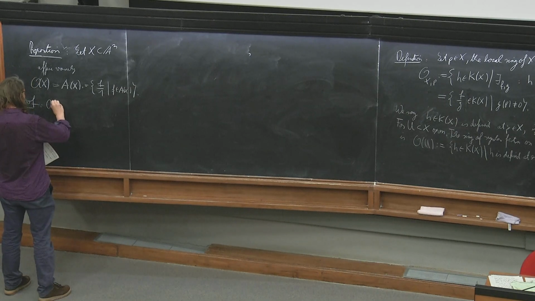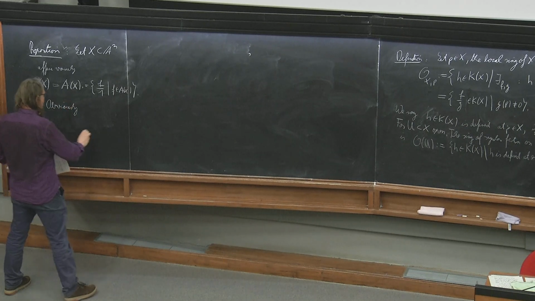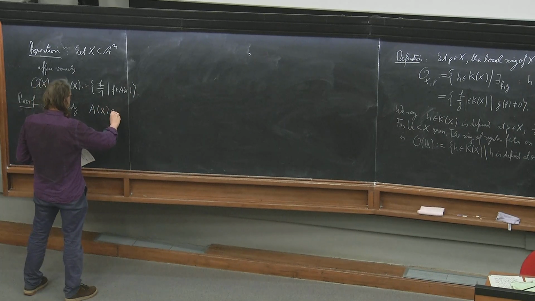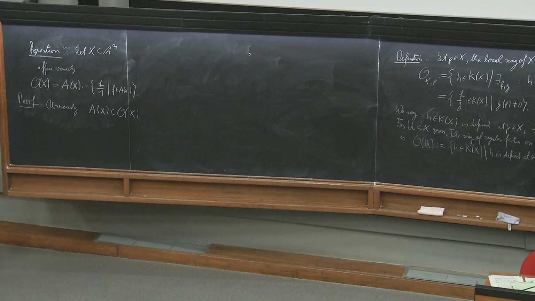And it's maybe not surprising that one needs some big theorem, so we actually use the Nullstellensatz for this. Obviously, we have that A of X is contained in O of X. Now we have to look at the other inclusion.